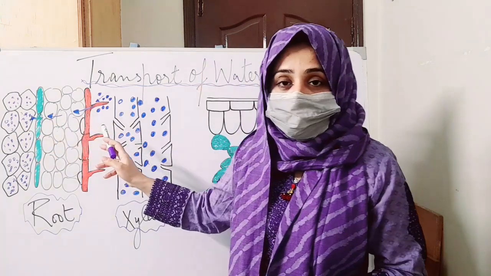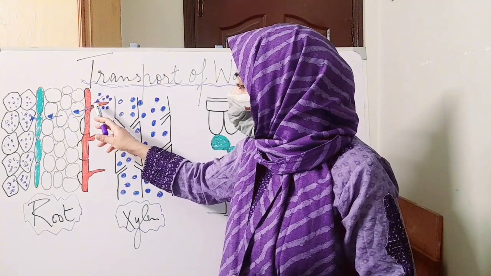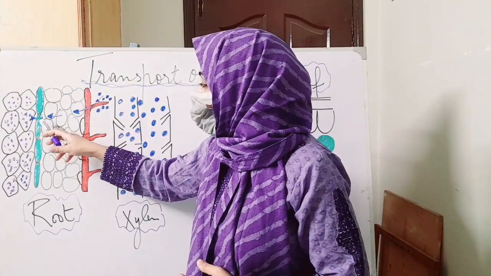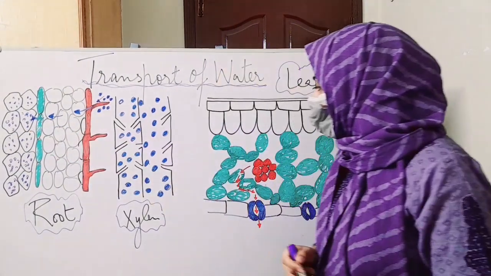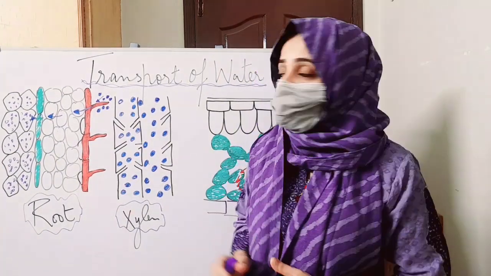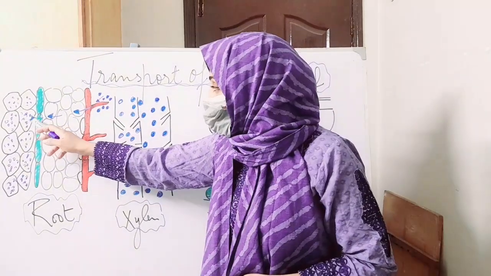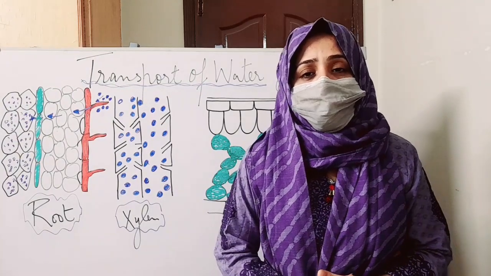I have discussed it already: from the soil, water enters into the root hair, and from the root hair it enters into the cortex, then endodermis, then pericycle, and finally into the xylem of the root. So this transpirational pull is responsible for the transverse movement of the water from root hair to the xylem tissue of the root, and also from the xylem tissue of the root to the xylem tissue of the leaf.